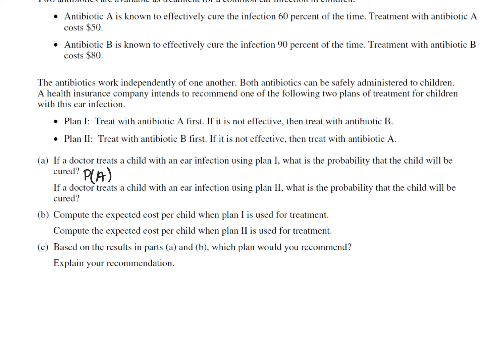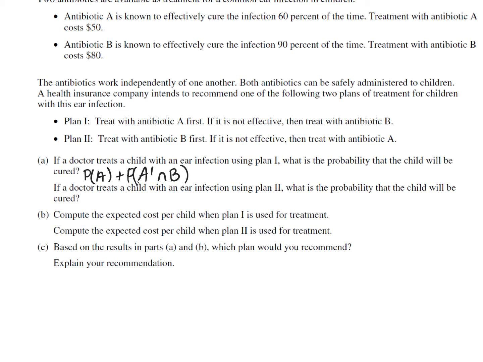What's next? What's the other option? That A did not work, so they give them B, right? Well, no, that's not given. Sorry. Back that up. It's the probability that A did not work, and then they give them B. It's not given because the probability of B working doesn't depend on whether or not A worked.